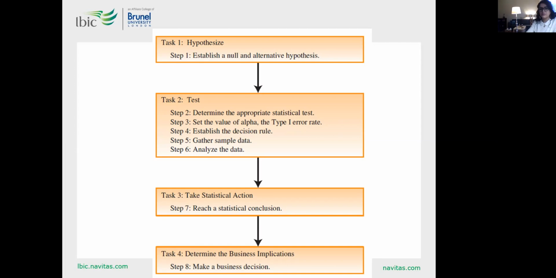Then we need to find the different types of error, type 1 and 2. After collecting your data and sampling, we need to analyze the data to understand it and find a pattern between different structures. At the end, we go to the conclusion and say whether this problem is statistically significant or not, to be able to solve the business problem and determine the business implication.